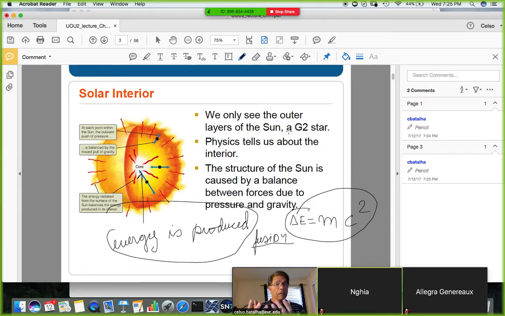So this missing mass, in fact, is converted into gamma rays. Gamma rays are pretty much light of very high frequency. You don't find gamma rays abundantly on Earth.